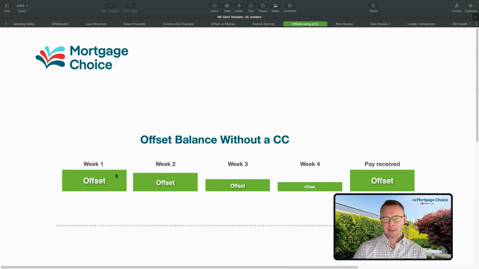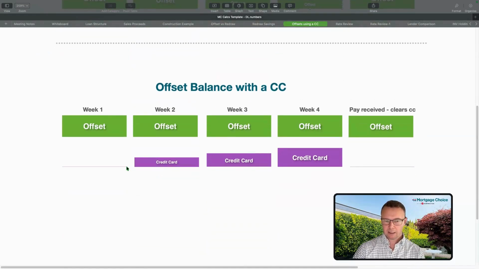And so what we're seeing here is, like we've discussed, if you're spending money every single week, groceries, bills, whatever it is, your balance reduces. You get paid, balance goes up again. But this reducing balance is saving you less interest. When you tie a credit card, you're spending somebody else's money and your offset account stays exactly the same.